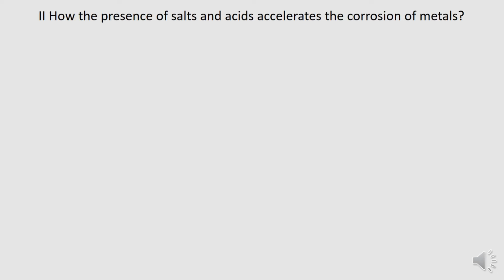Now let's move to the second objective, which is how the presence of salts and acids accelerates the corrosion of metals. To understand this well, we are going to give you questions from your daily life.